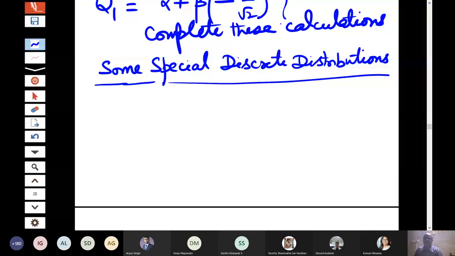So it is better to look at the specific properties of those distributions, because ultimately what is the use of teaching this theory? In the real field, when you are working in a company or in an organization, say maybe a government organization, most of the time you are dealing with certain data.